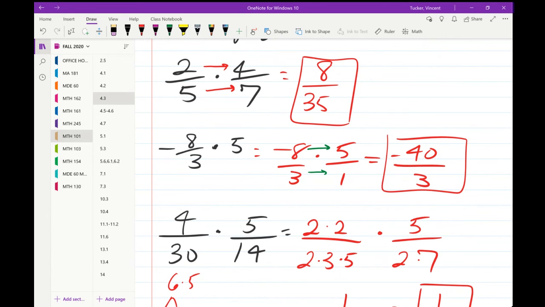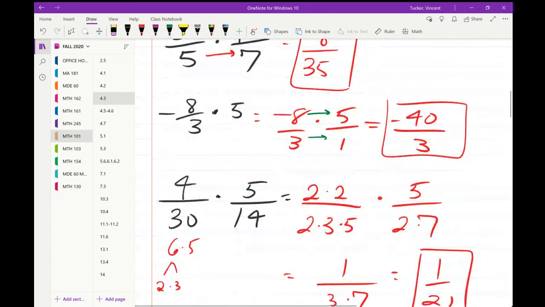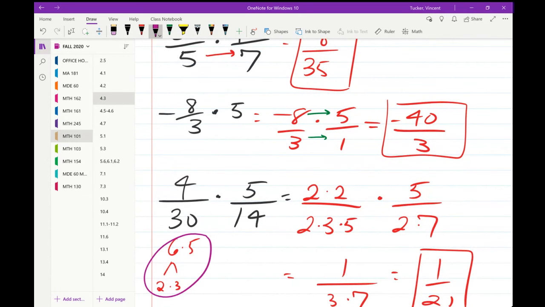So I broke each one of them up into prime factorizations. 4 is 2 times 2. 30, 2 times 3 times 5. And that breakdown is right there. 6 times 5, and then break down the 6 into 2 times 3. 5 is a prime number, so that stays the same. And then 14 is 2 times 7.